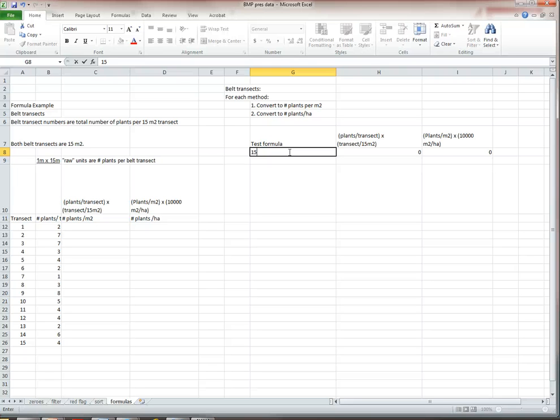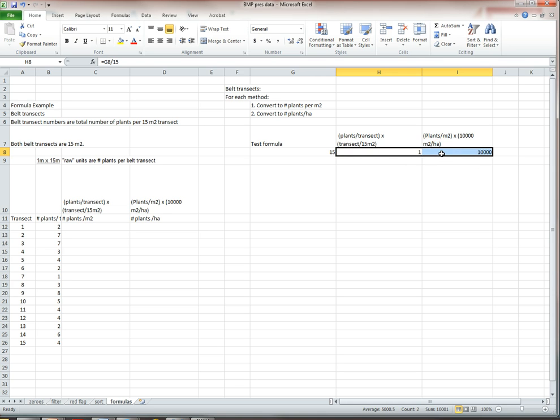If I have 15 individuals in a belt transect that is 15 meters squared, that should translate to 1 plant per meter squared. And sure enough, it does. I feel good about my formula now. I also know that if I have 1 plant per meter squared, I should have 10,000 plants per hectare.